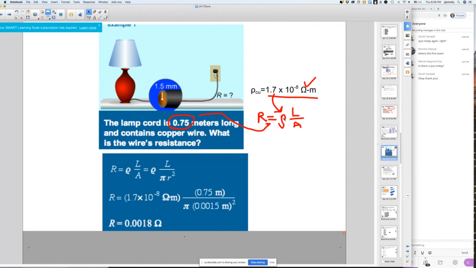This is called the resistivity. It also depends on the length of the wire, how long it is, and how thick the wire is. This circle, what's the radius here? We did this problem last time, that's where we left off. We used it to calculate the resistance of a particular wire given these dimensions.